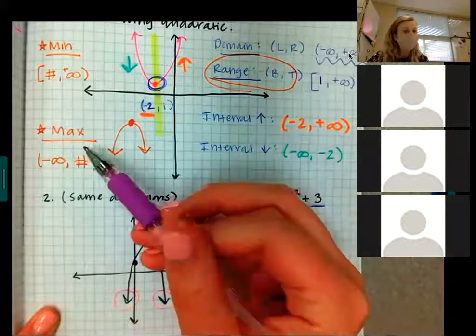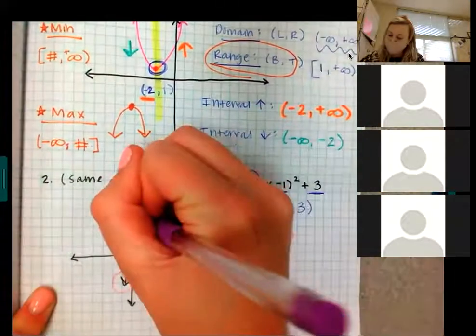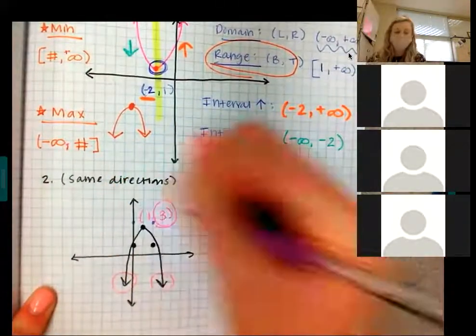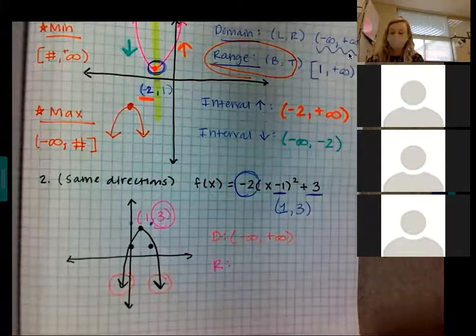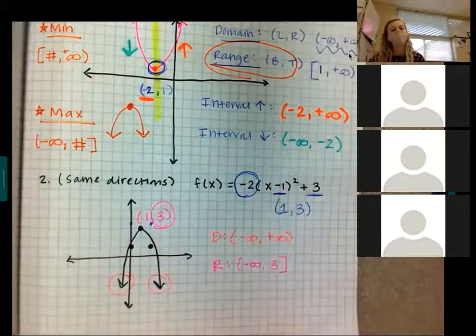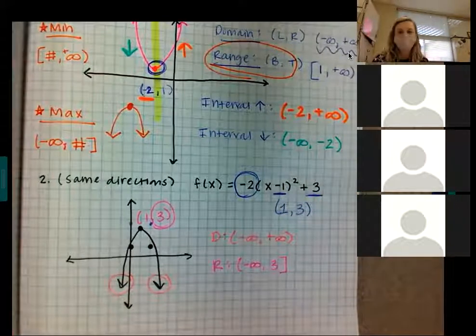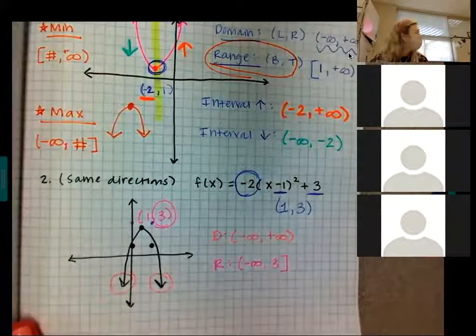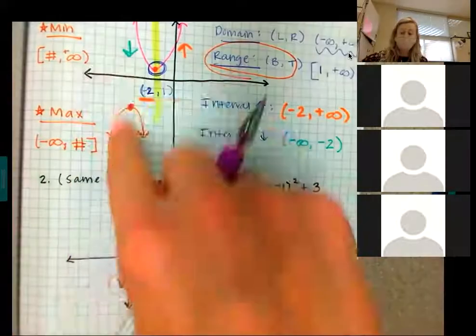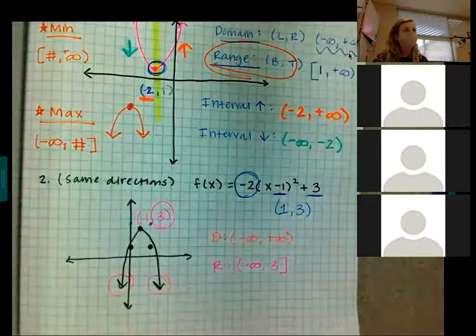It's got a max, so it's gonna start at negative infinity and go to the number, which would be 3. Does everybody agree? So she said negative infinity to 3, and she even said bracket. Brackets. Extra credit. Good job. These 2 things that I wrote here, I hope you wrote them because they should help you on your test. It's a little cheat sheet.